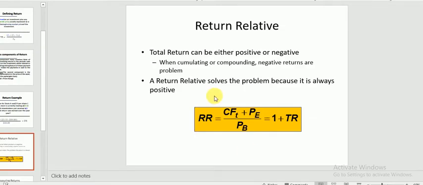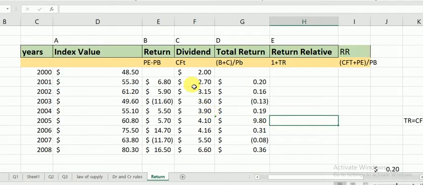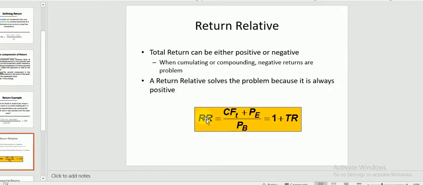For that purpose, cumulating or compounding negative returns creates problems. Here we are cumulating all the returns, so these negative returns create problems.